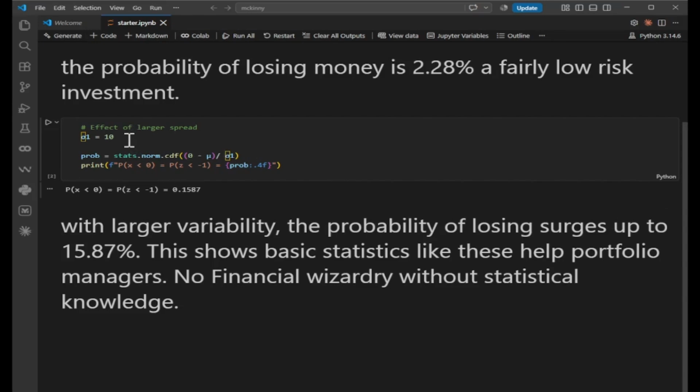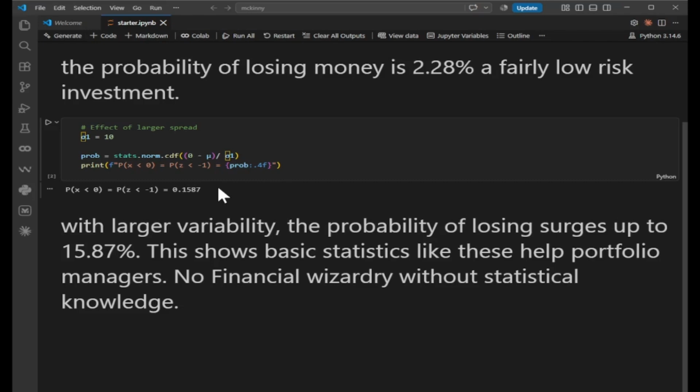Mean 10%, spread 10%. Using the same code, probability equals stats.norm.cdf of 0 minus mu over sigma 1. I had to put sigma 1 because sigma is already taken up there.